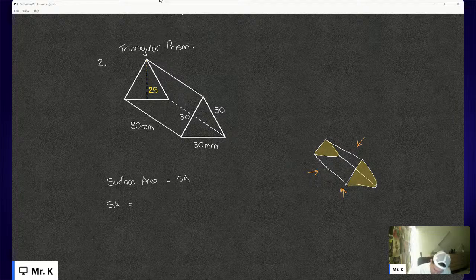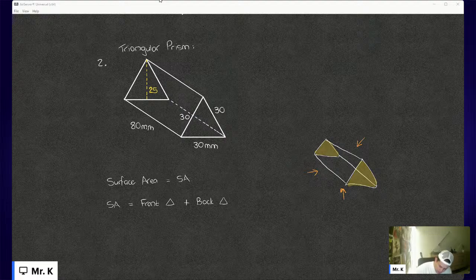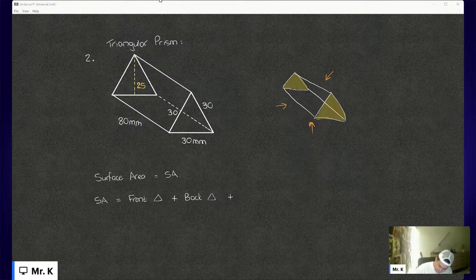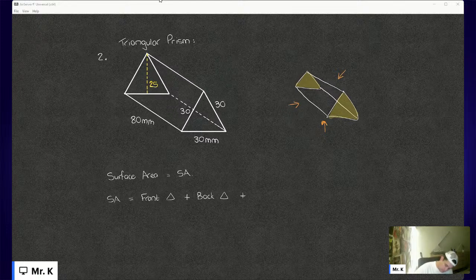So let's think about this carefully. If we had to write a little list down for ourselves so that we can keep track of what we're calculating, we can use a little bit of symbols and codes if we want, but make sure that your teacher can understand it. We have the front triangle plus we have the back triangle, right? Those are going to be the same size. Then we're also going to have three rectangles, okay?